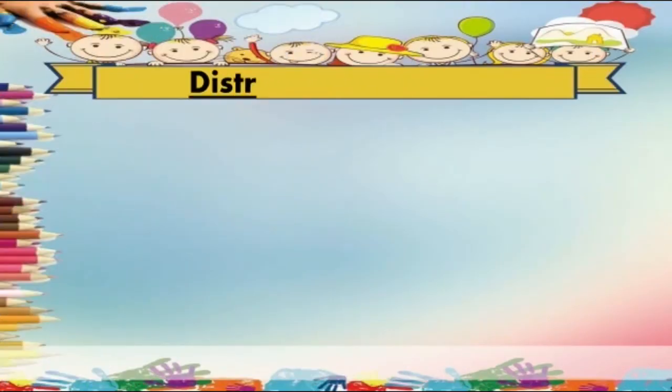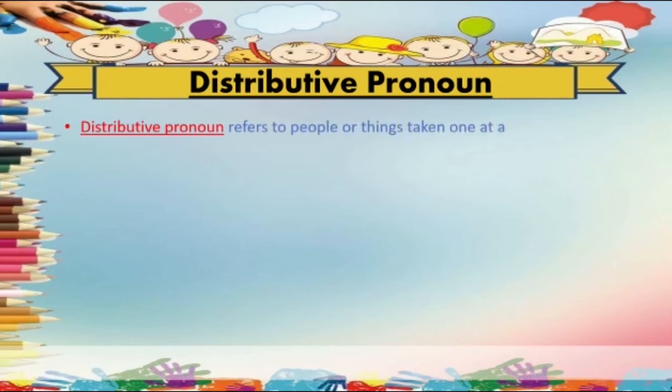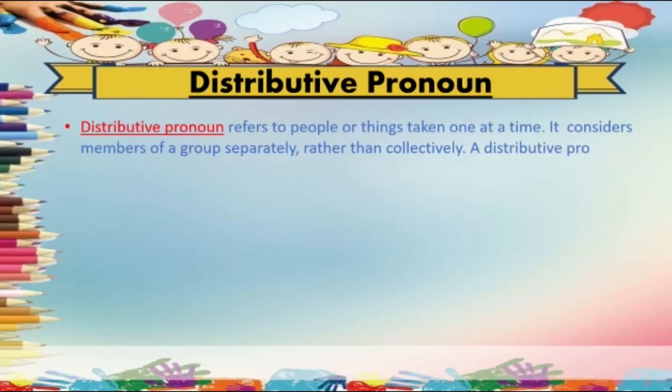Now let's study about distributive pronouns. A distributive pronoun refers to people or things taken one at a time. It considers members of a group separately rather than collectively.